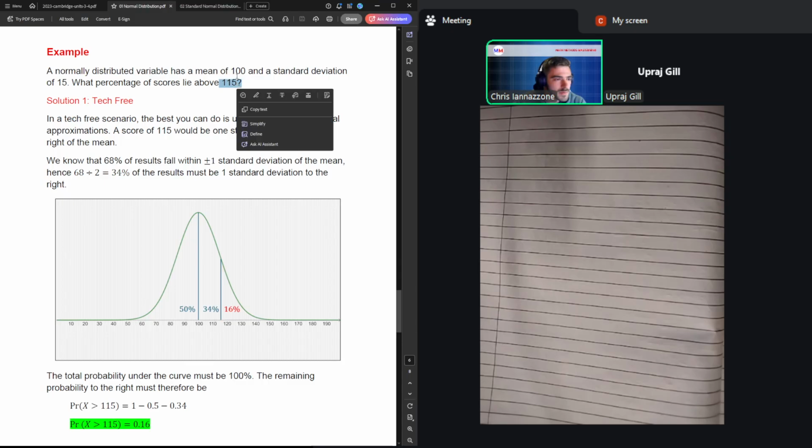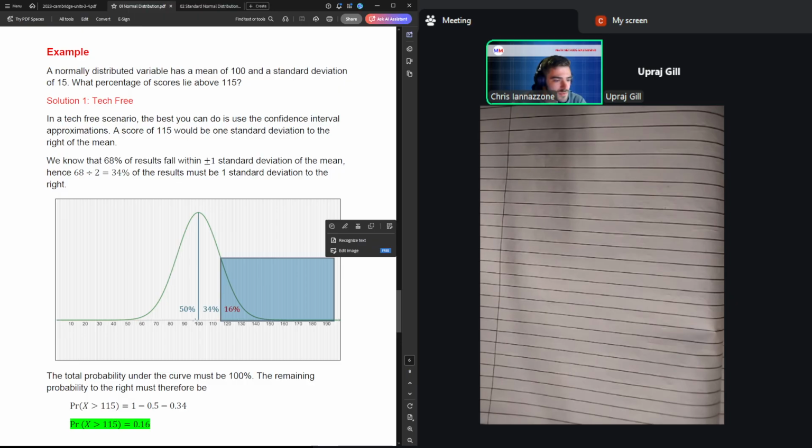But usually you just write the number that's actually given to you, and you rationalize it in terms of how many standard deviations am I to the left or right. So in this case, mean of 100, the value we're looking to be above is 115. That is effectively one standard deviation to the right.